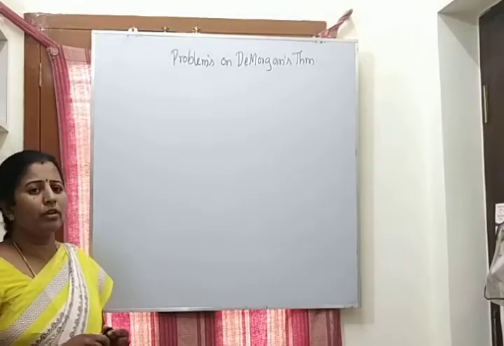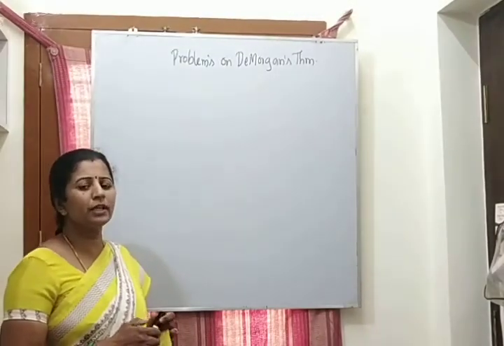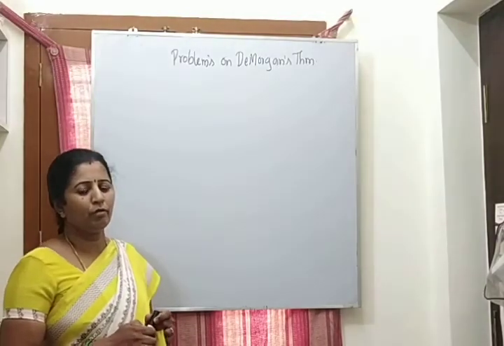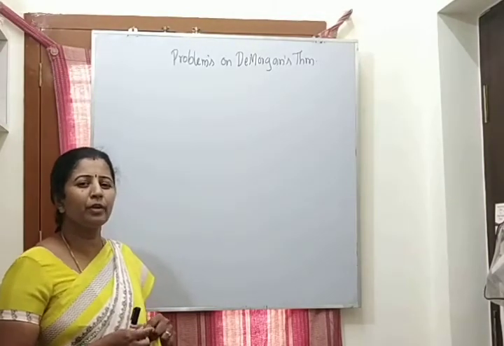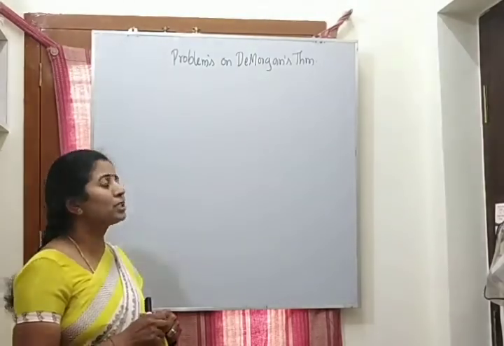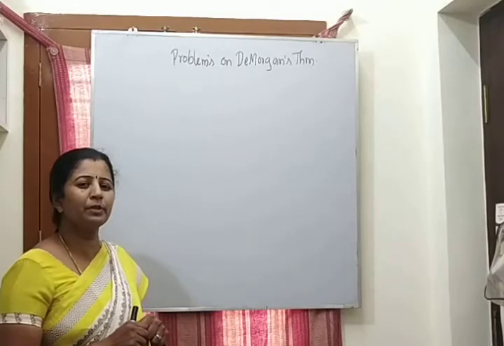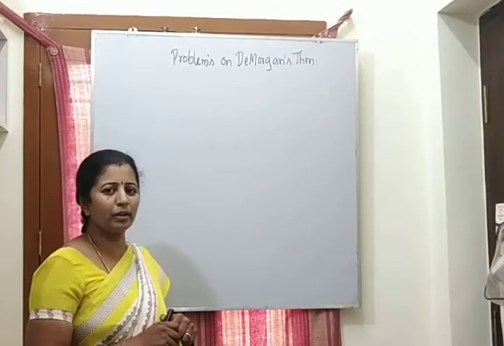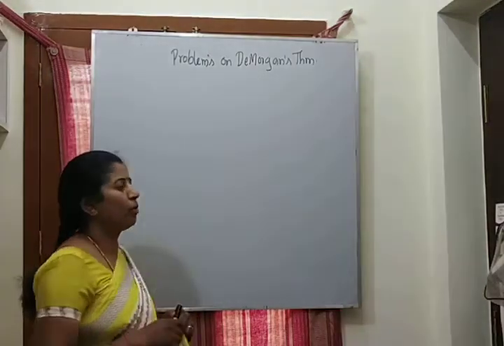Generally, one of the 2 marks questions you will get is: find the complement of the given Boolean expression. That is one kind of question. Another one: simplify the given Boolean expression using De Morgan's theorem. There are 2 possible questions.